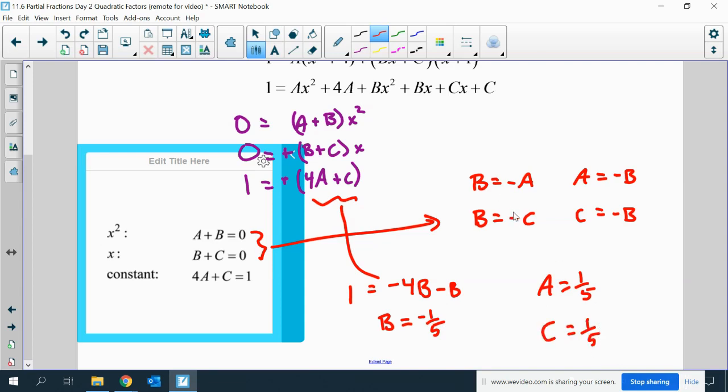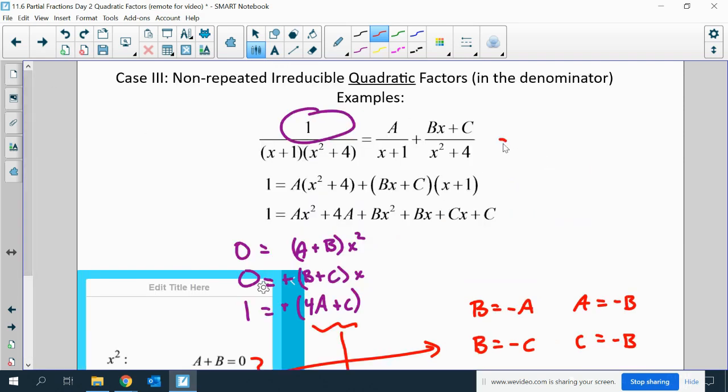So what that means, if I write my answer, if a is 1/5, I have 1/5 over x plus 1, plus b was negative 1/5, and c was 1/5, then I have x squared plus 4. So this would be my answer. I could write this a whole lot nicer if I realized that all of my denominators are 5.